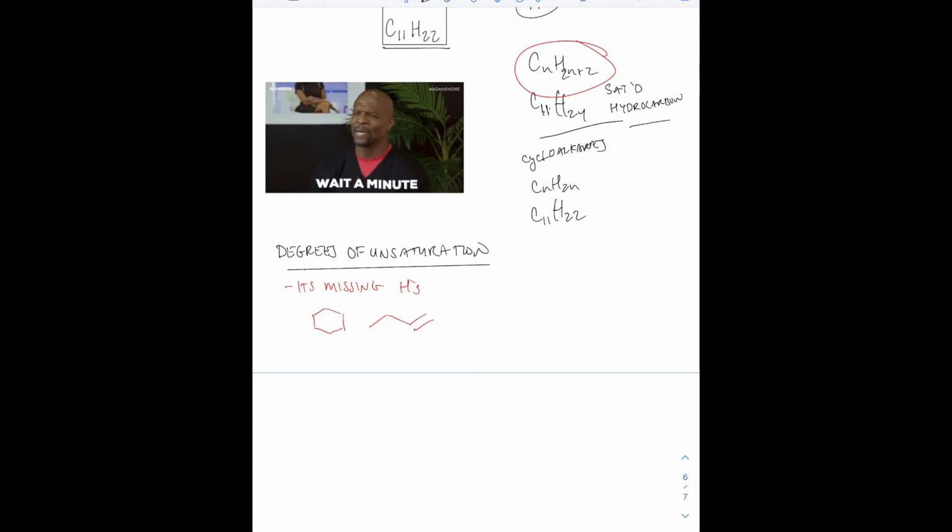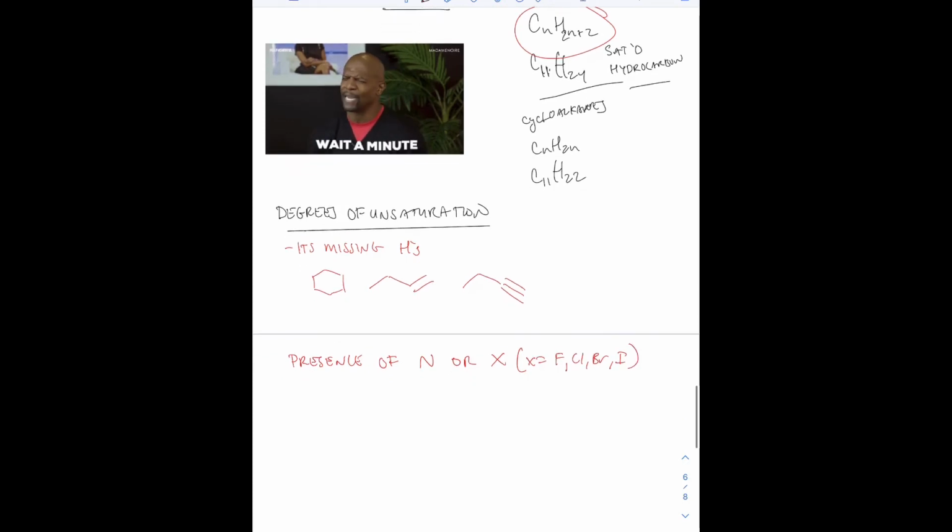An alkene is an unsaturated hydrocarbon, so it's missing some hydrogens. And then we also have an alkyne, but we can also affect the number of hydrogens by the presence of nitrogen or X atoms, where X is equal to fluorine, chlorine, bromine, or iodine.